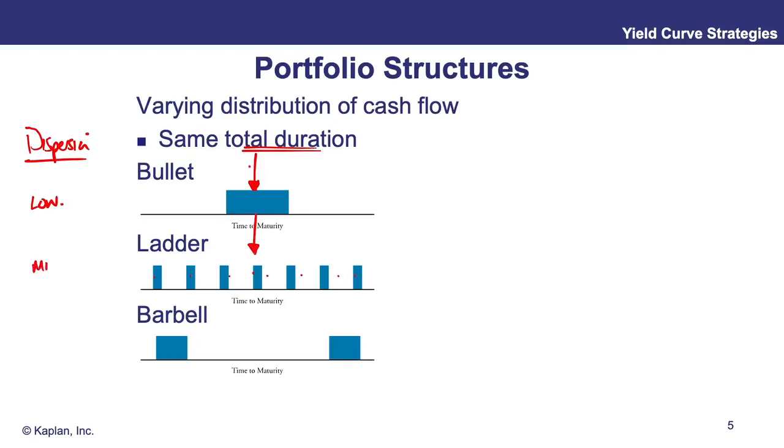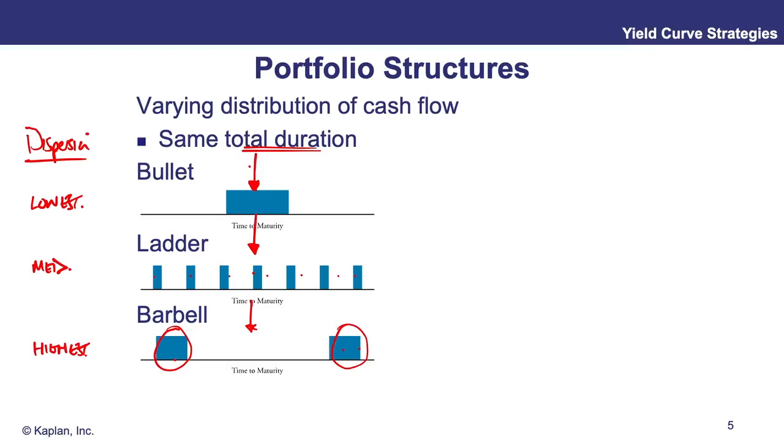So that's kind of like medium dispersion of cash flows. The highest dispersion of cash flows you can have is a barbell, where all of your cash flows are either in the short end or the long end of the curve. You've still got the same average time, average overall duration, but your cash flows are clustered in the ends of the curve, essentially the short end and the long end.